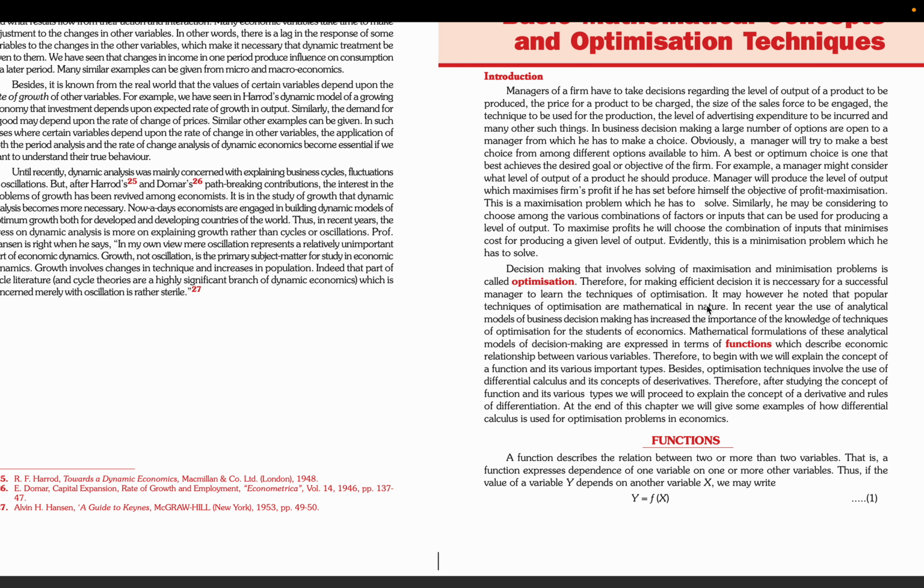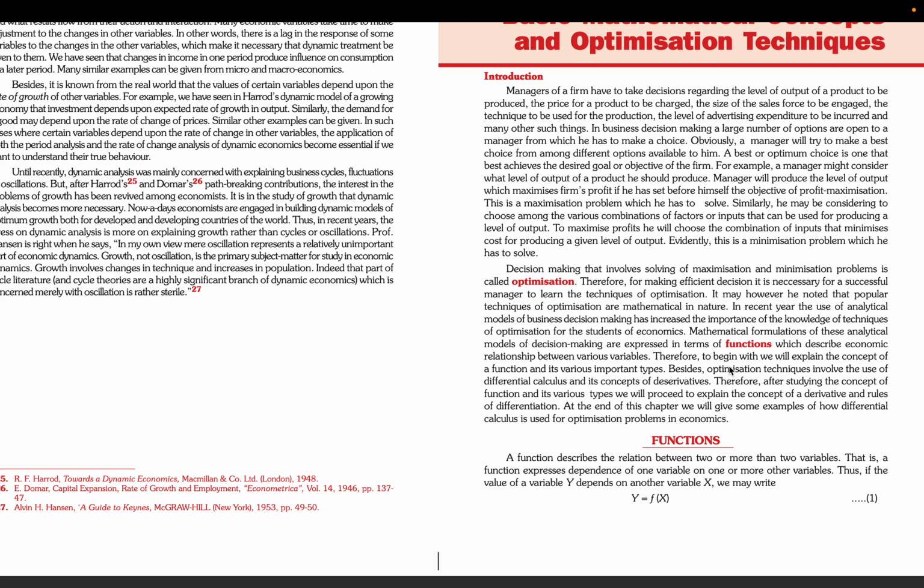In recent years, the use of analytical models of business decision making has increased the importance of the knowledge of techniques of optimization for the students of economics. Mathematical formulations of these analytical models of decision making are expressed in terms of functions, which describe economic relationships between various variables.